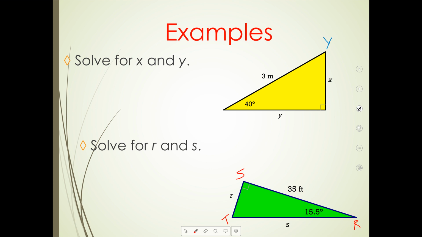Solve it. S is equal to... Make any progress?